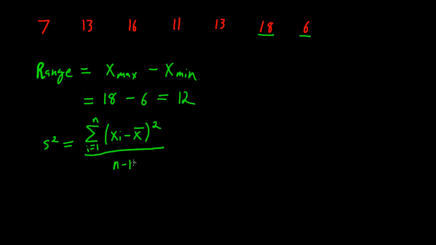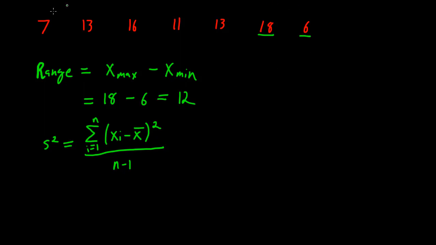If we look at this formula, we're walking through for i equals 1. So we're walking through each of our individual values. When i is 1, we have x sub 1, which is equal to 7. When i is 2, we have x sub 2, which is equal to 13, and so on. And our x bar is that same sample mean that we calculated before.